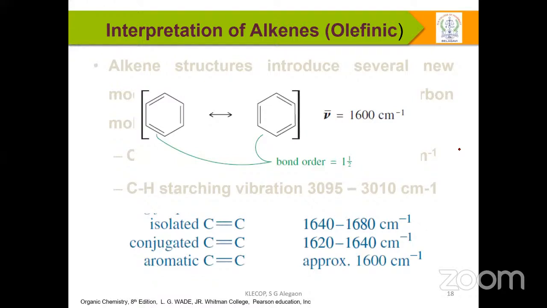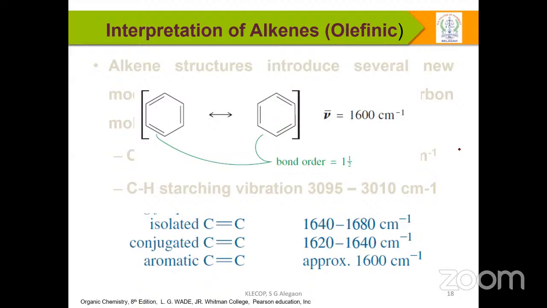It is in between. The carbon-carbon length in benzene neither behaves as a double bond nor as a single bond. In some books, for aromaticity or aromatic character, we can call this a bond order of 1.5.